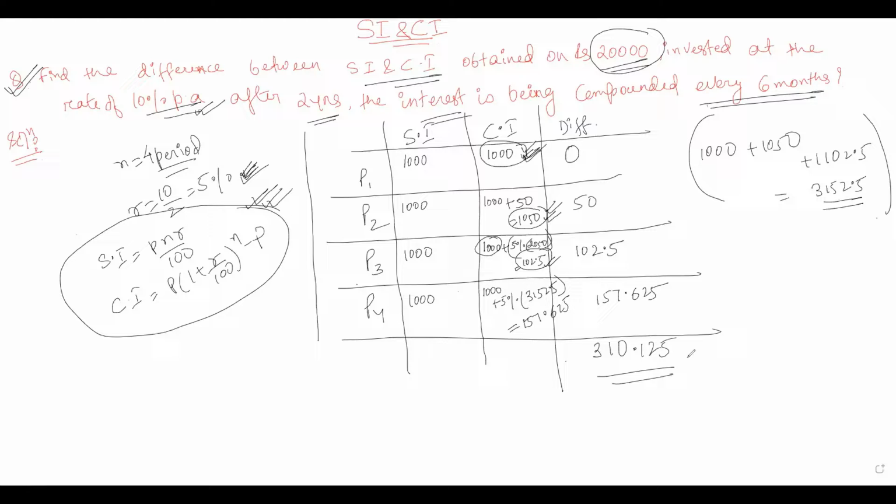So the difference between SI and CI on rupees 20,000 at 10% per annum after 2 years, when the interest is compounded every 6 months, would be 310.125. You can verify this answer by simply putting the values of P and R in the SI and CI formulas, and you can check whether you are getting the same answer or not.